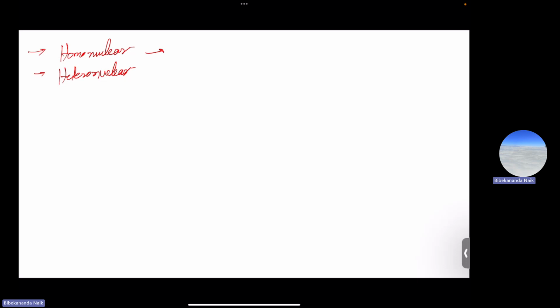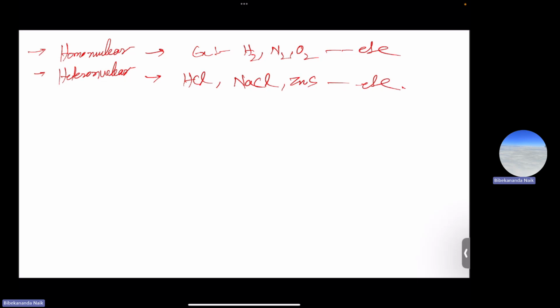For example, H2, N2, O2, etc. Since they don't have any permanent dipole moment, they don't show any rotational and vibrational spectra. However, heteronuclear molecules have different positive and negative charge centers, and that's why they show rotational and vibrational spectra. For example, HCl, NaCl, ZnS, etc.